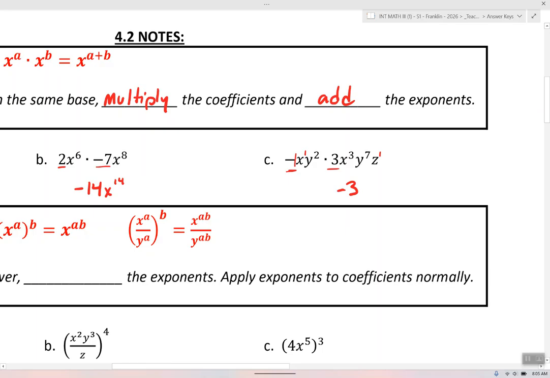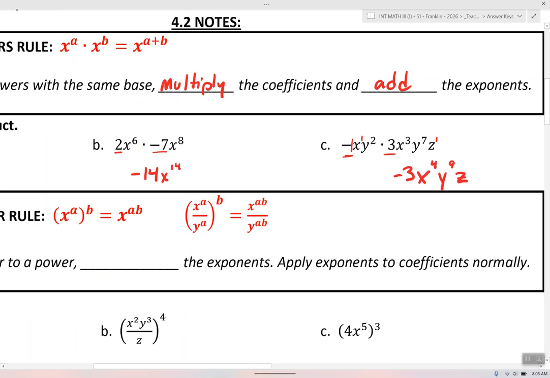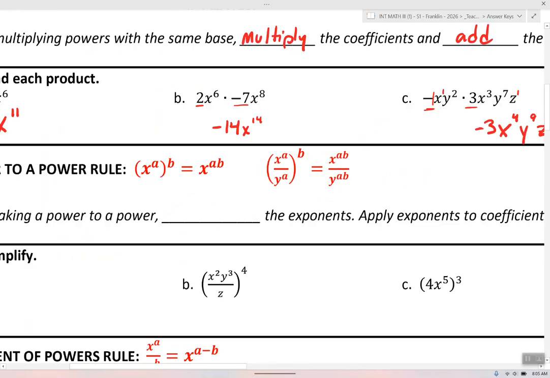Then we can just go letter by letter, base by base, and add up the exponents. x to the 1 plus 3 is 4. y to the 2 plus 7 is 9, so y to the 9th power. And then we just have the 1z, which will go on the end. All right, so multiply the coefficients and add the exponents on different bases.